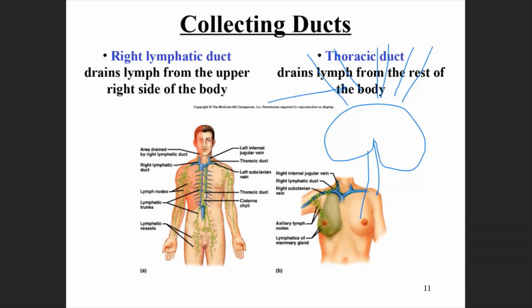When a vessel brings something in, it's also known as afferent. So this would be considered the afferent lymphatic vessel, and the one that is bringing the lymph out is known as the efferent lymphatic vessel, right? So E stands for exit.